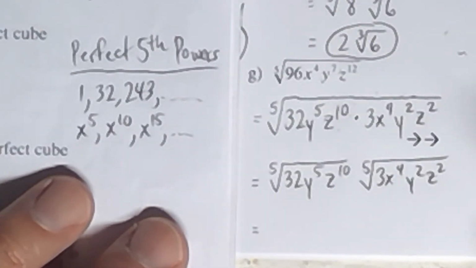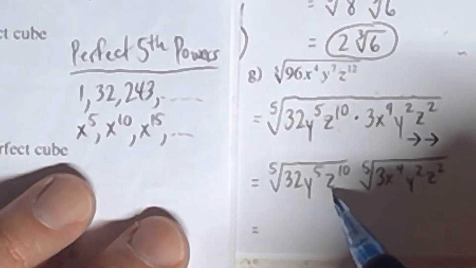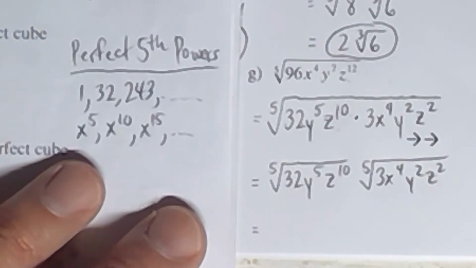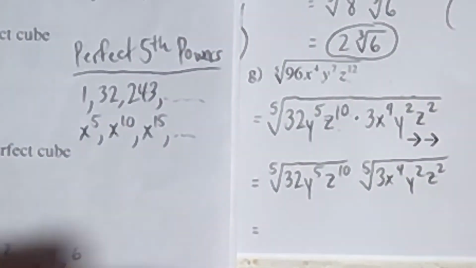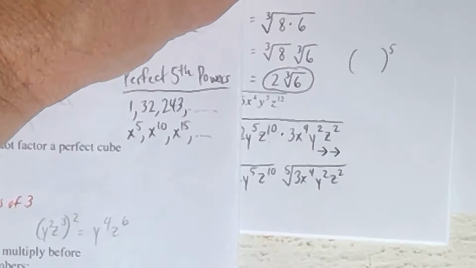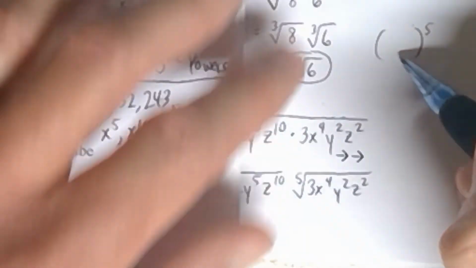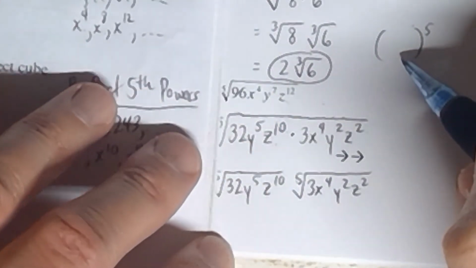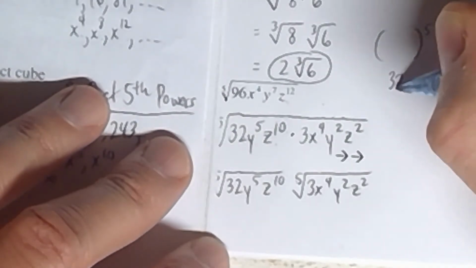What is the fifth root of 32y to the 5th z to the 10th? In other words, what taken to the fifth power is equal to 32y to the 5th z to the 10th?